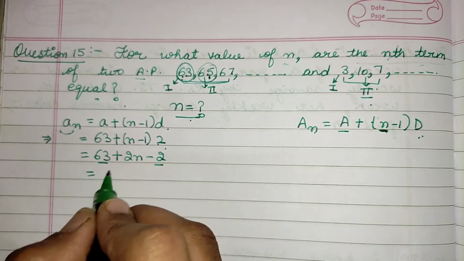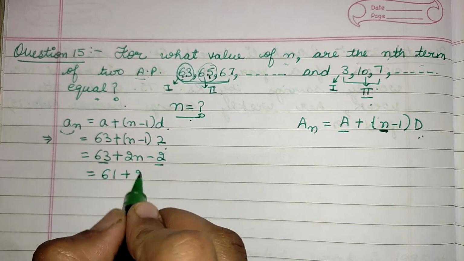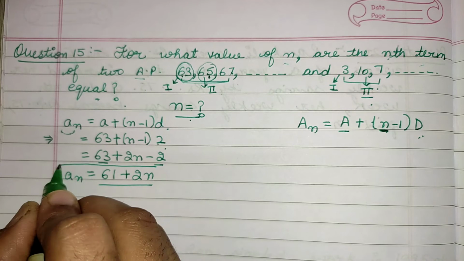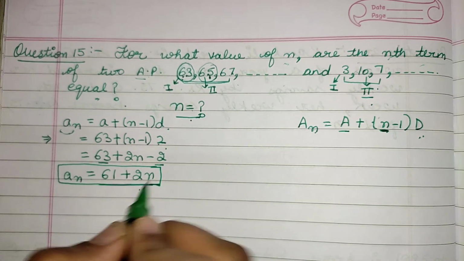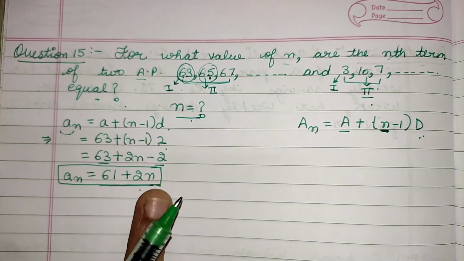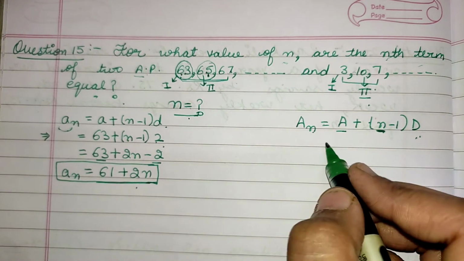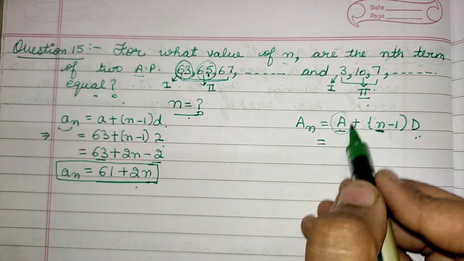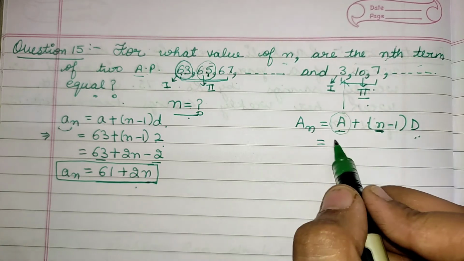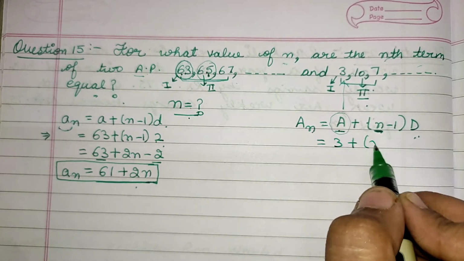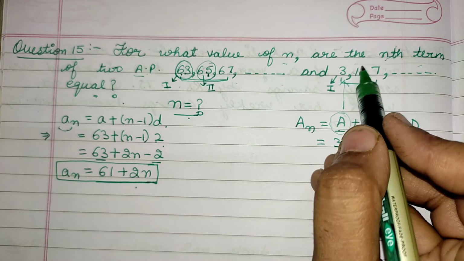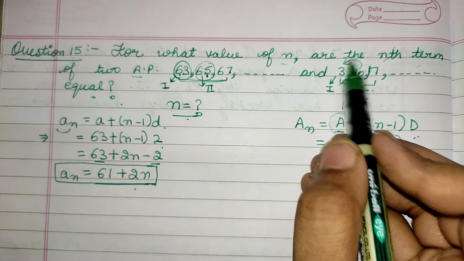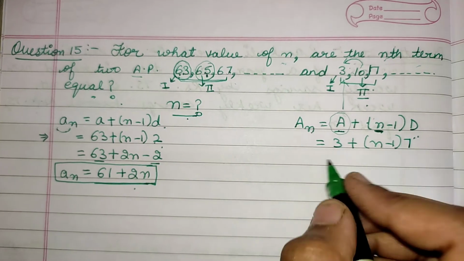After doing this subtraction, I will get 61 plus 2n. This is the nth term of the given first AP. Now for the second AP, my first term is 3, so 3 plus (n minus 1) into D, where D is 10 minus 3, which is equal to 7.